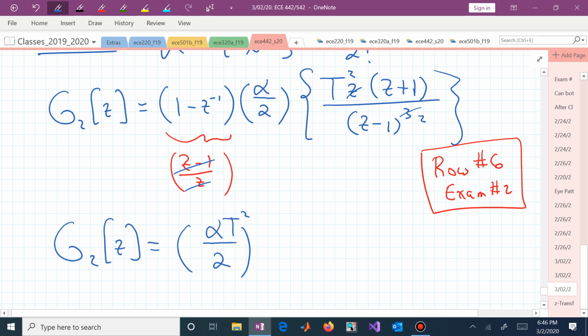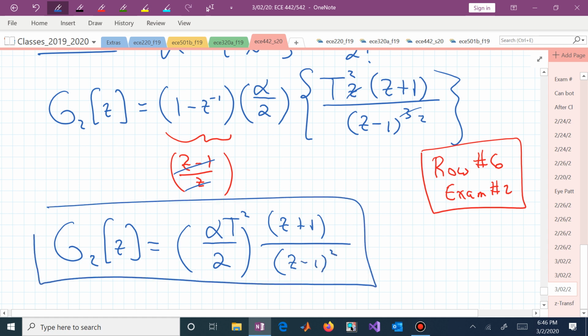That was a capital T squared, since it was a little t squared. This is alpha T squared over 2, z plus 1 over z minus 1 squared. And this is what? That's the zero order hold equivalent of a pure mass.